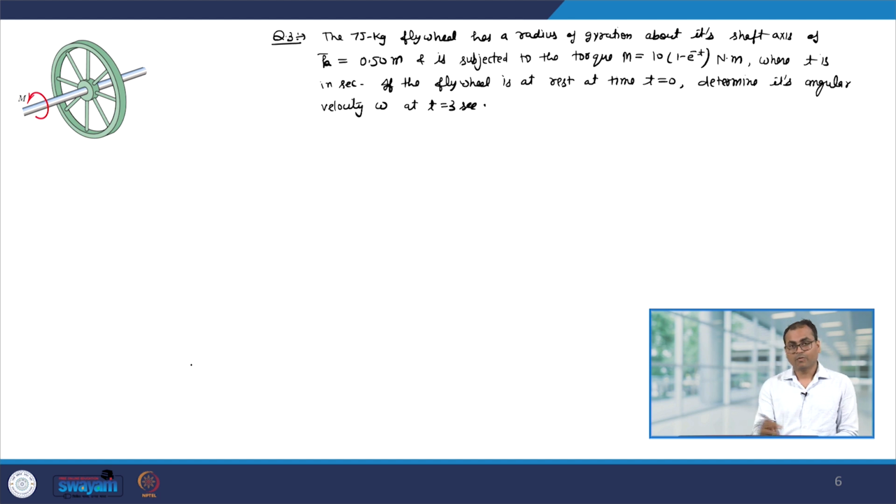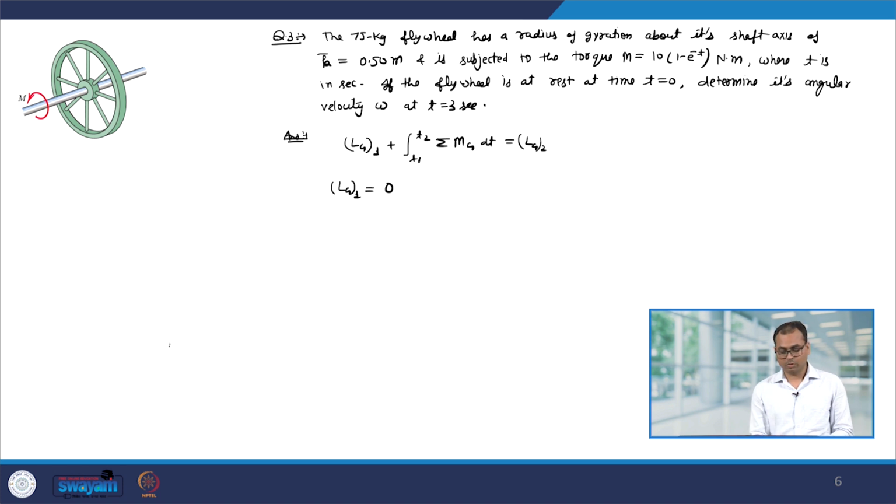So, again for this we can use the impulse momentum equation. So, we have L_G1 plus the integral from t1 to t2 of sum M_G dt equal to L_G2. Here it is given that initially the flywheel is at rest. So, therefore, L_G1 will be equal to 0.